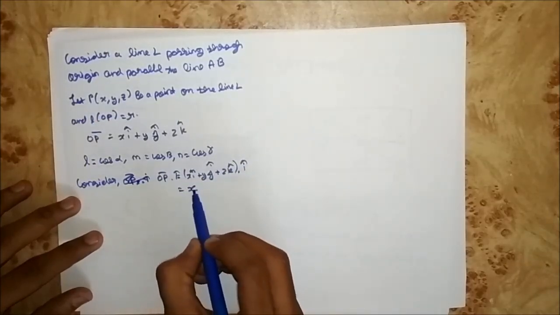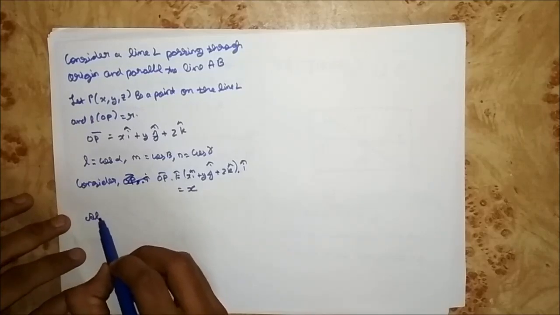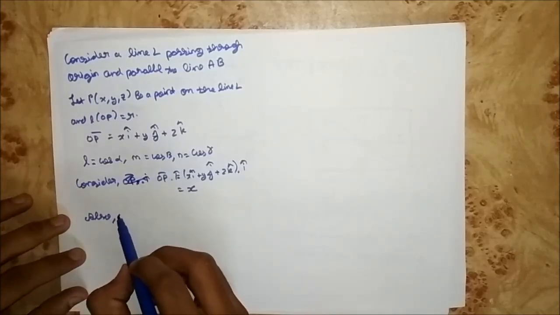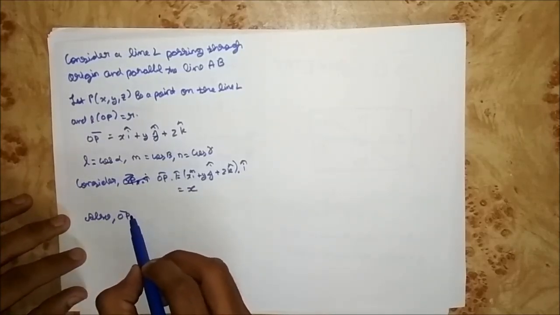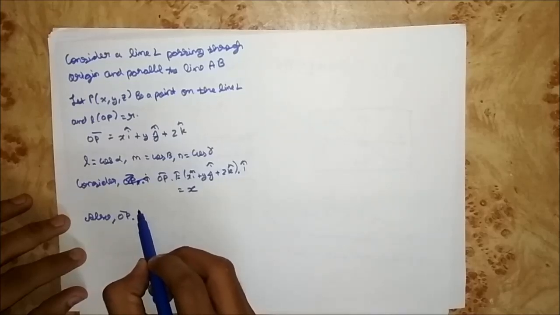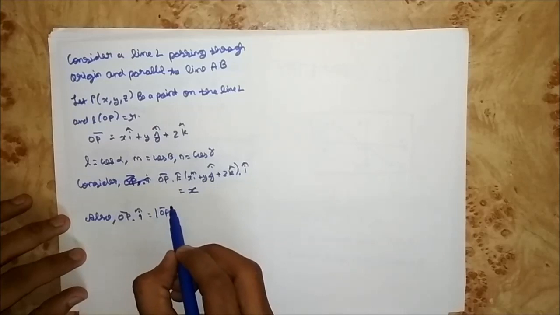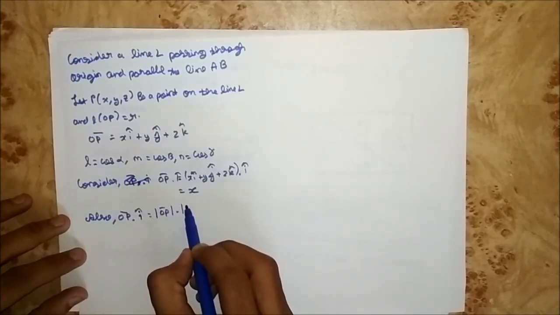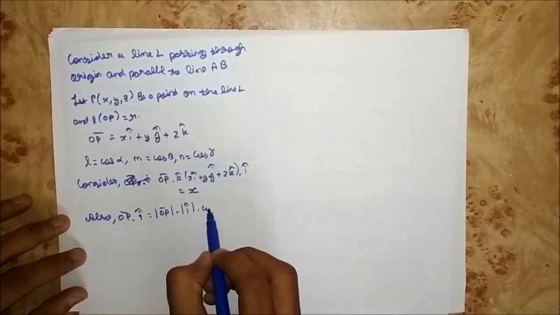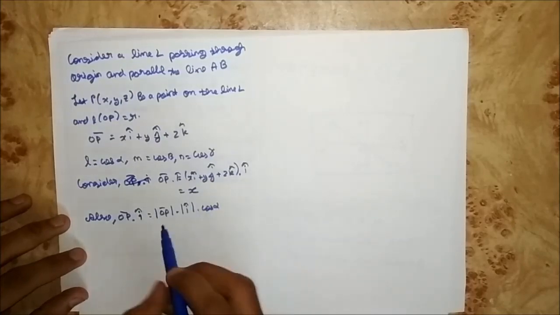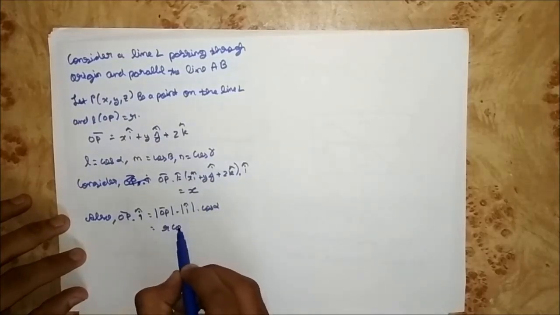Also consider the modulus of OP, which is equal to r. Then x is equal to mod of OP times cos alpha, which is r cos alpha.